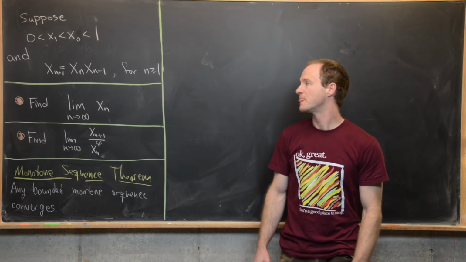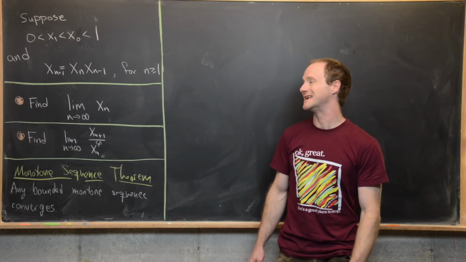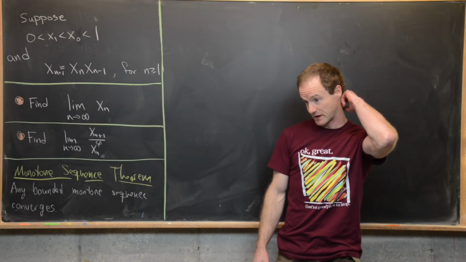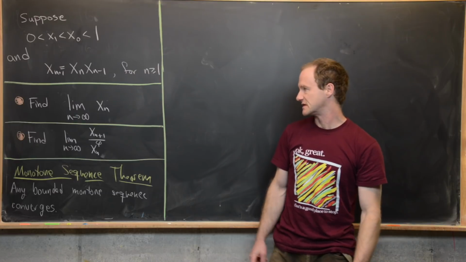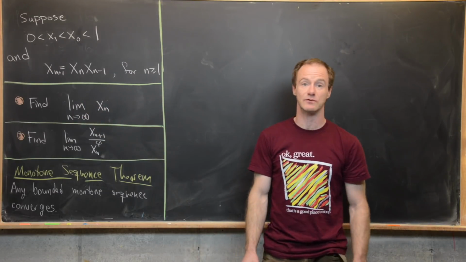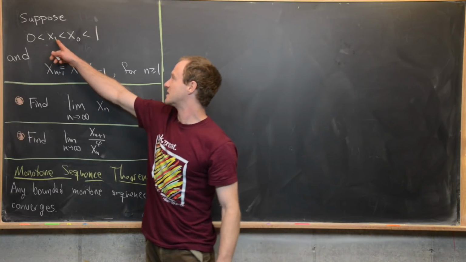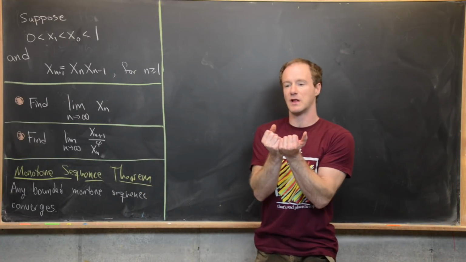Okay, so let's get to the first goal first, which is finding the limit of the sequence itself. I want to point out that it shouldn't be too big of a leap to guess the value of this limit, if the limit exists, which we will show. And that is perhaps the value should be 0. That's because you're taking two numbers that are smaller than 1 but bigger than 0, and multiplying them.